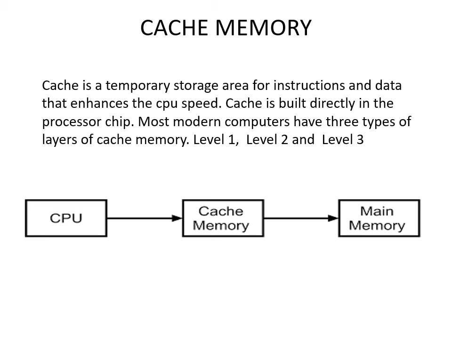Cache memory improves the processing speed of the computer because it stores frequently used instructions and data. There are three layers of cache memory: level 1, level 2 and level 3.